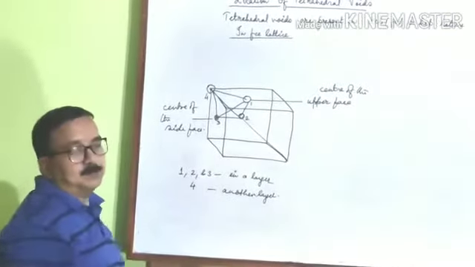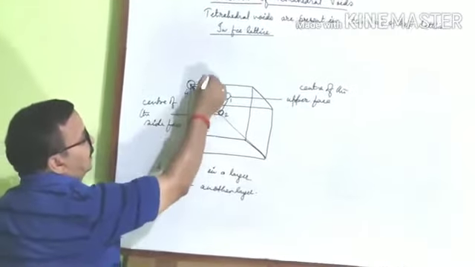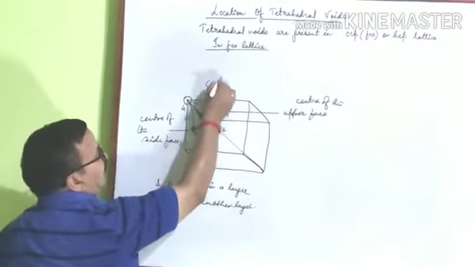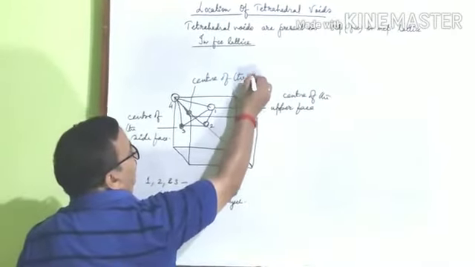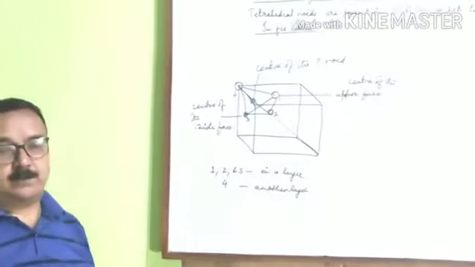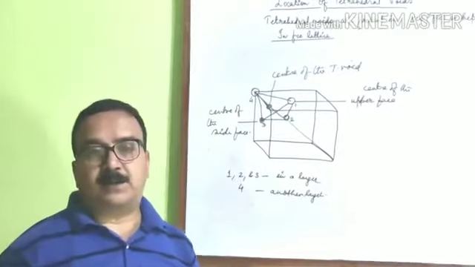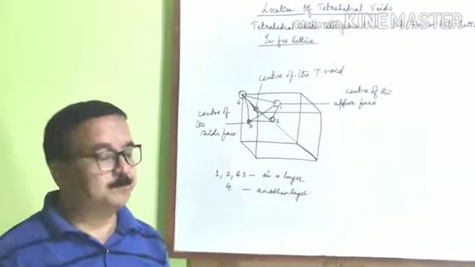The center of this tetrahedral void is present on the body diagonal. So this is the center of the tetrahedral void. So we are observing that one tetrahedral void is formed at the body diagonal.